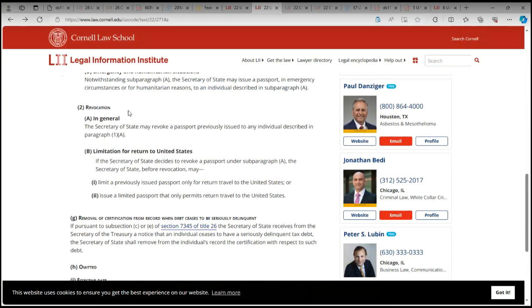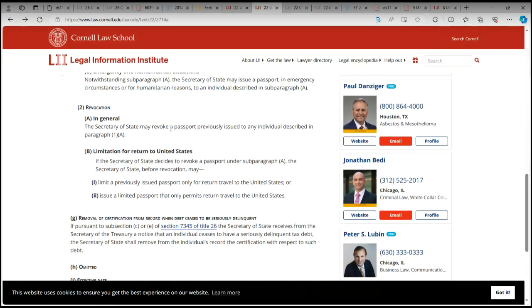The reasons for revocation, right, meaning taking away what they already gave you, right? Because the passport is a privilege. It is a benefit from the federal government, but it is a property right, meaning they cannot deny you the passport based on just traveling purposes outside of the scope that we are at war, hostilities, and the other stuff from the other section.